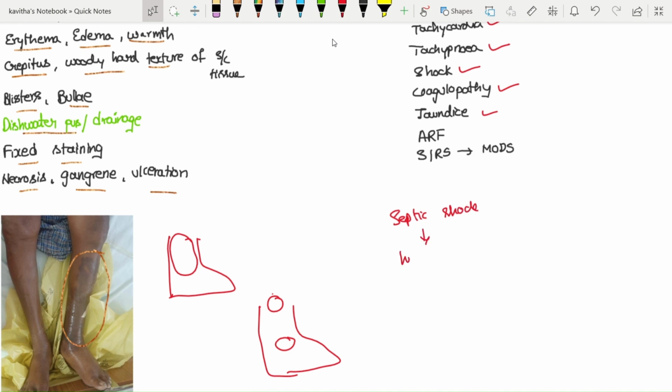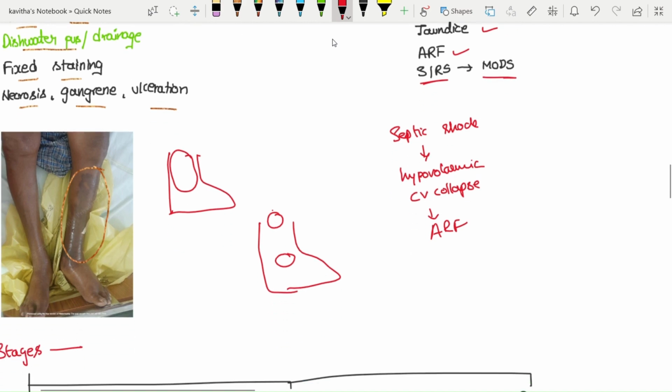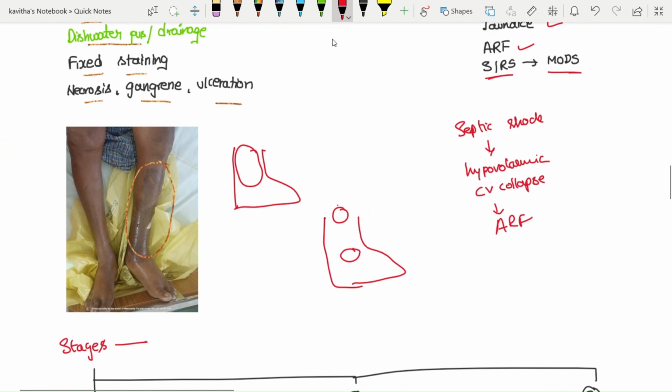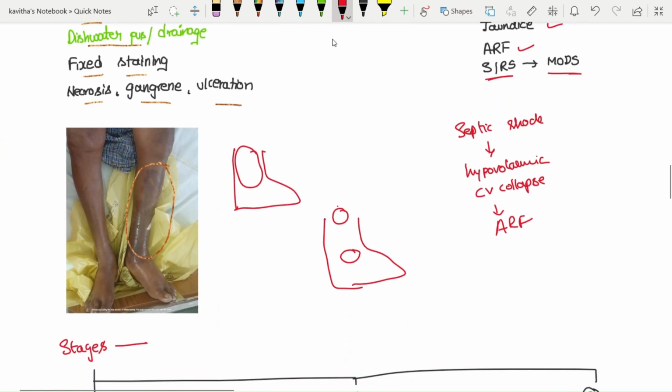It results in hypovolemia and cardiovascular collapse. Then the blood flow to the kidneys will decrease, resulting in acute renal failure. Eventually the patient will land up in systemic inflammatory response syndrome, then multi-organ dysfunction syndrome, MODS. So these are the local and systemic manifestations.